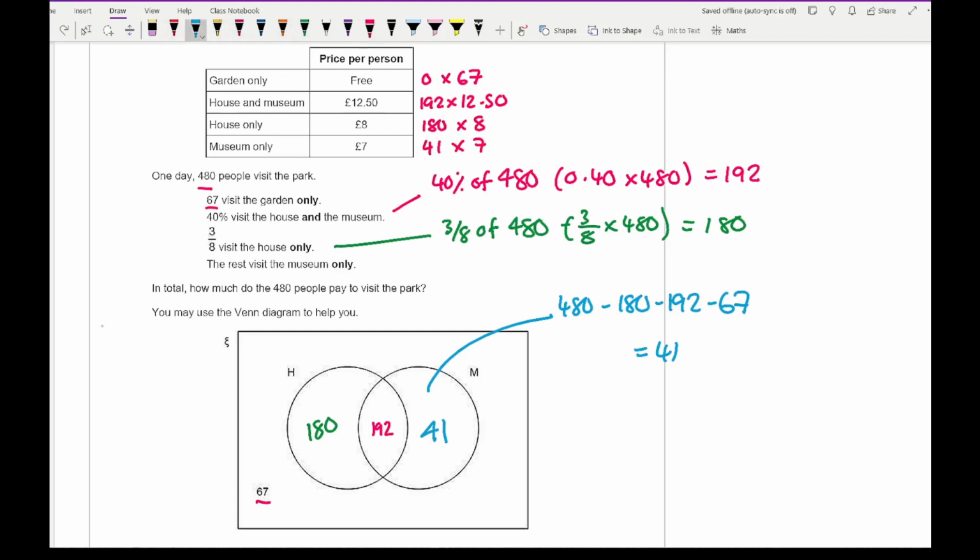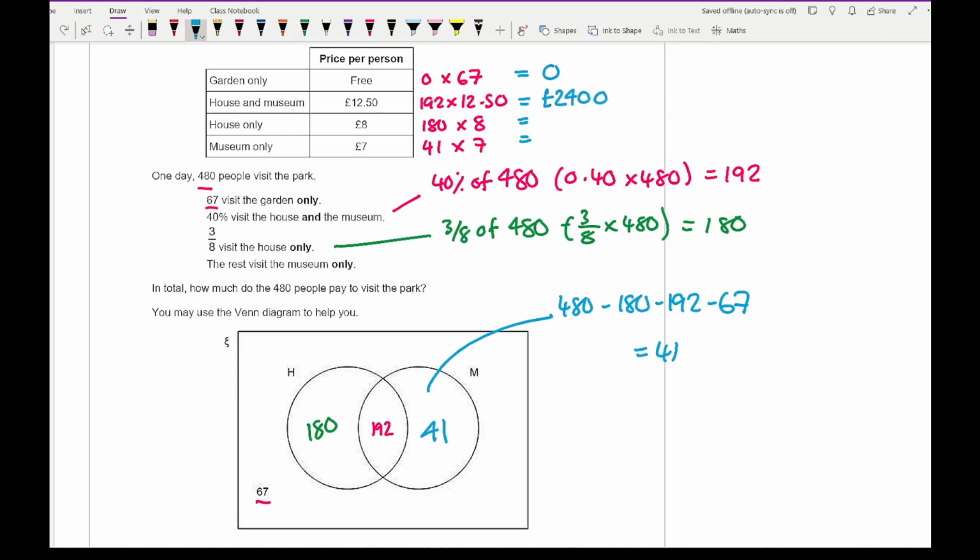So then from this, all I've got to do is calculate each of those. 0 times 67 is 0. 192 times 12.5 is 2,400.